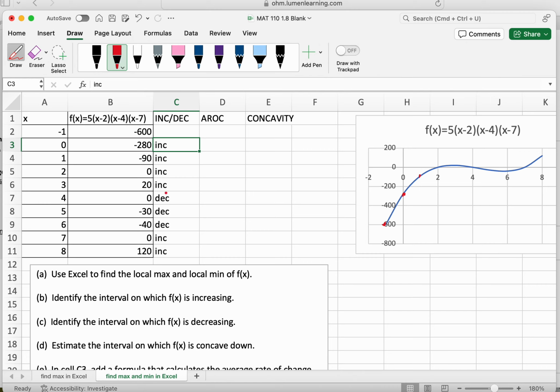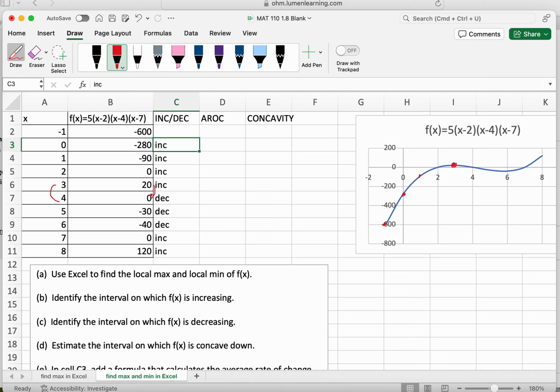And all the way up, I'm going up, up, up until I get to somewhere about here, right? And I can see in my table somewhere between x equals 3 and x equals 4, I decrease. So this maybe is actually closer to 3. Somewhere here maybe.